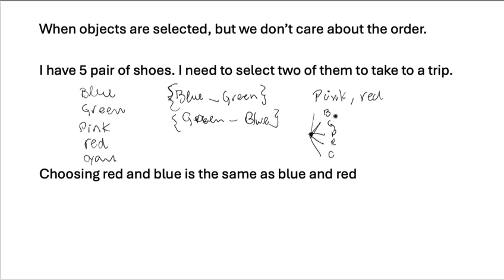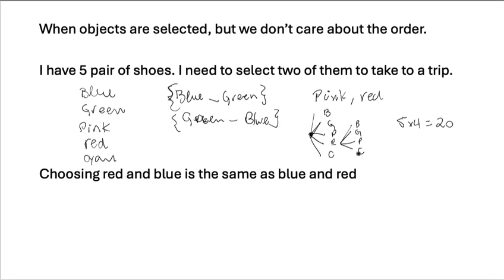And then whatever option I made, for example red, I can take 4 options, because I can't take red again. So this is without replacement. I can then choose blue, green, pink, and cyan. So I have 5 options times 4 options, which is 20 different choices, different paths, different sequences I could make.